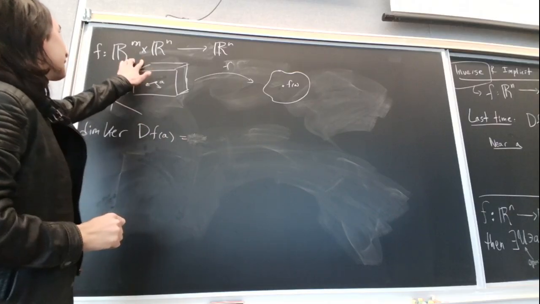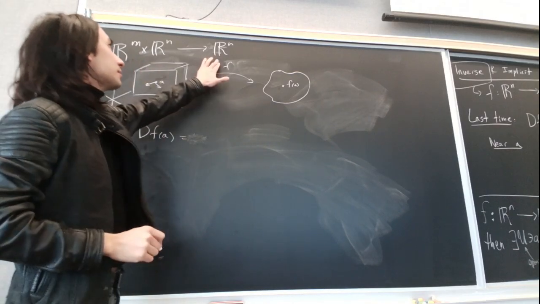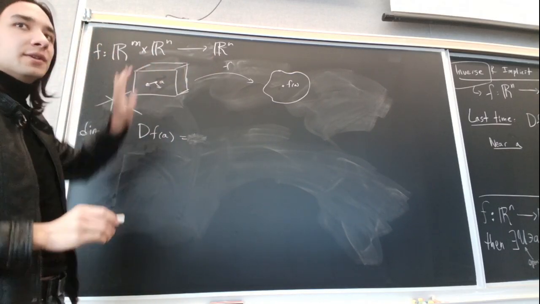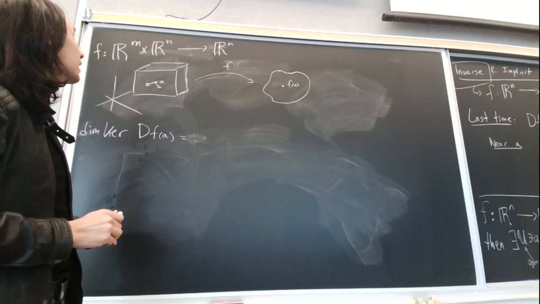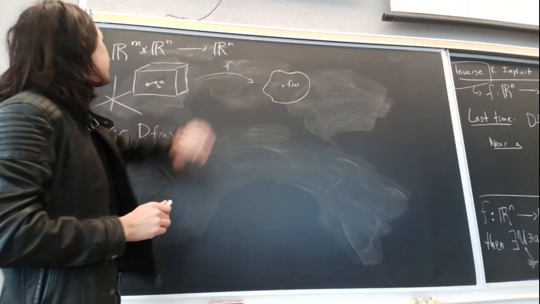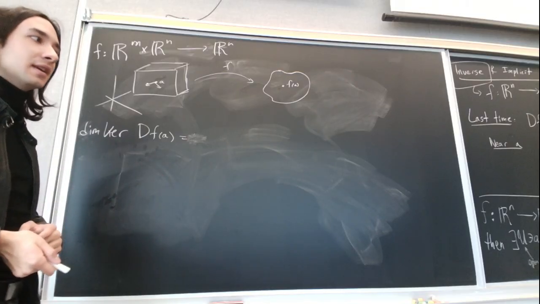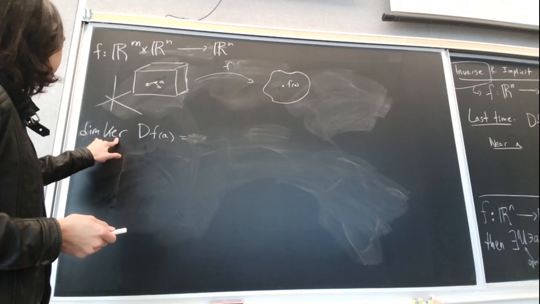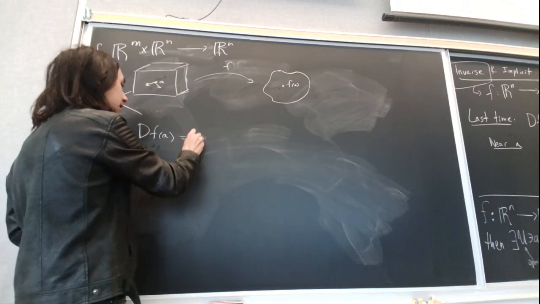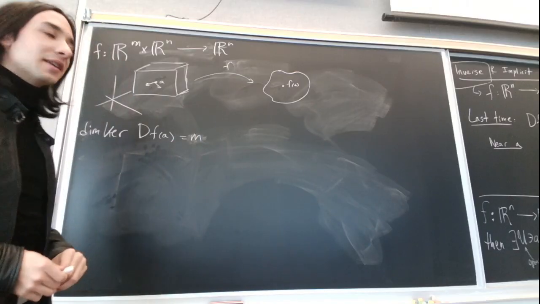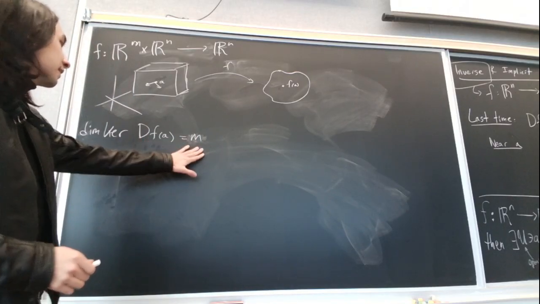All this is saying is it's a function from a bigger space to a smaller space, but I've broken it down into Rm cross Rn just to see that there are m extra dimensions. And suppose the dimension of the kernel near a is exactly m.